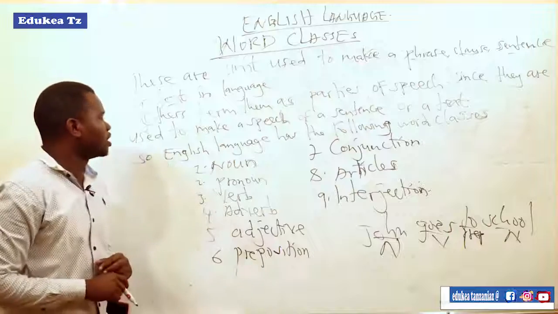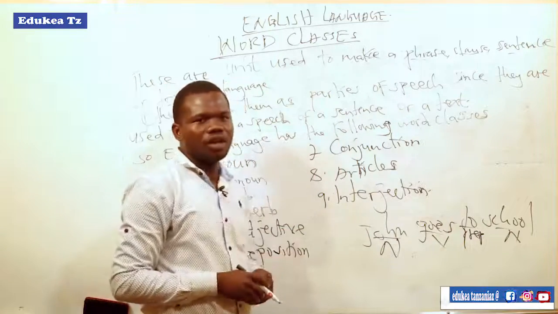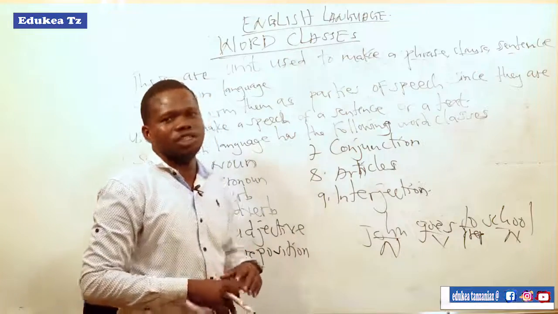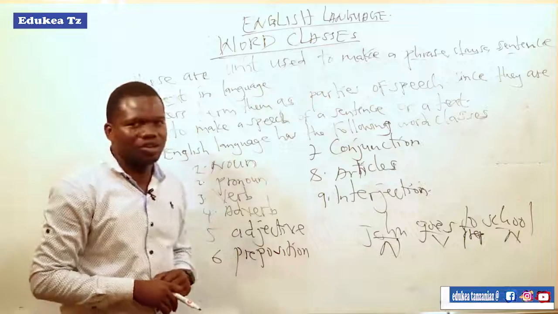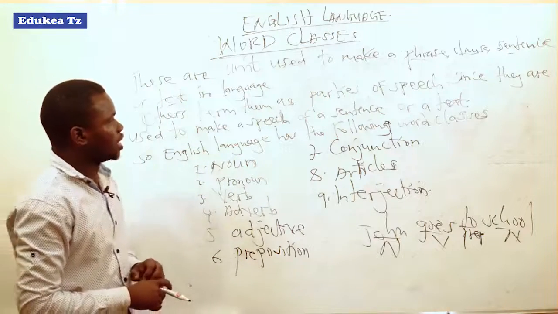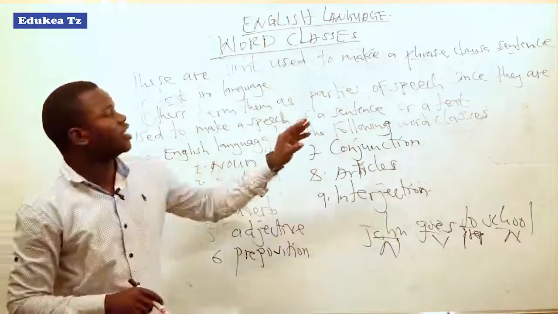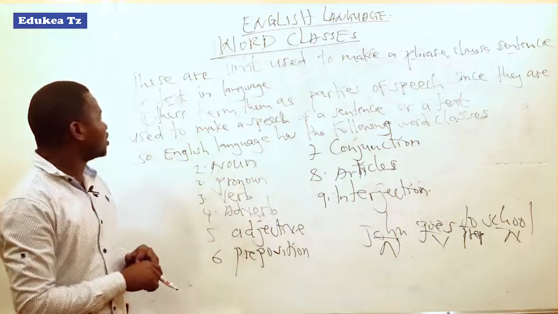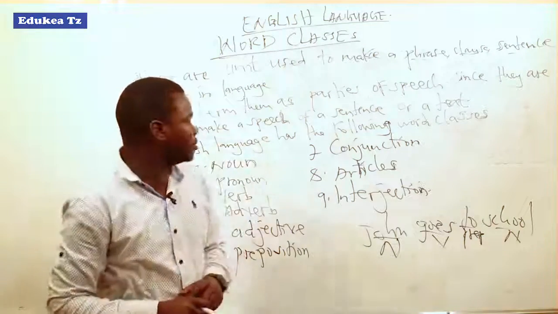Others tend to call these parts of speech. Out of this word class, which we normally use, other scholars or teachers or students tend to call it parts of speech, since they are the ones used to make speech of a sentence or any text.